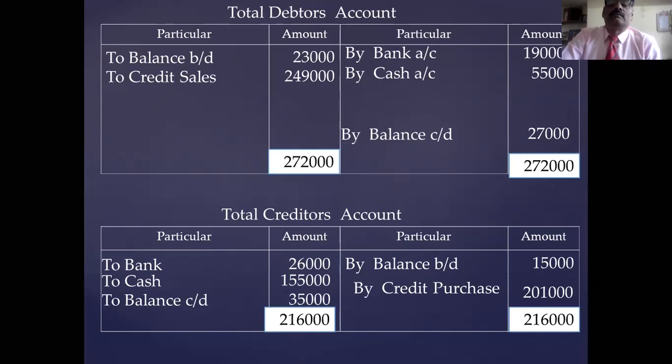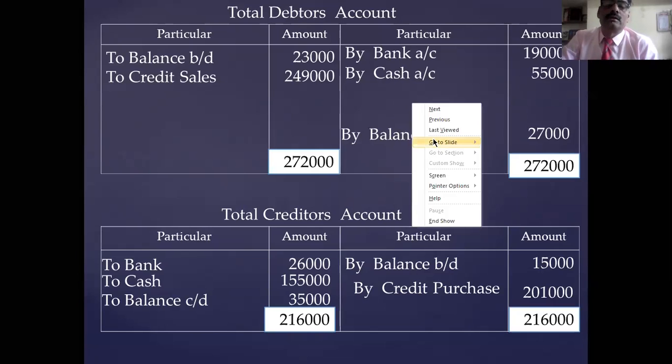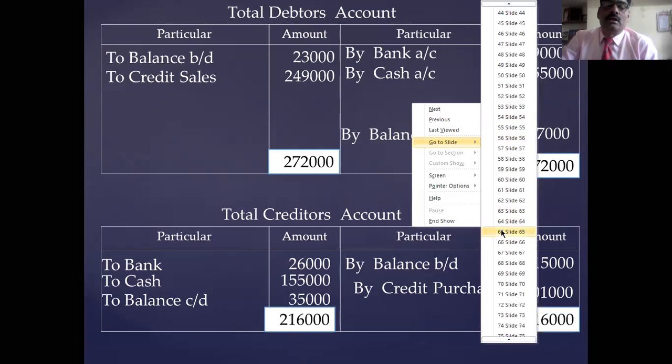Items are missing there. Expense is not given. Expense you have to calculate. Therefore, I'll go to the trading profit and loss account without closing the first two accounts. Cash and bank account, I'll close at the end.